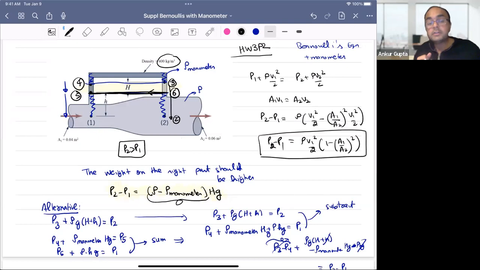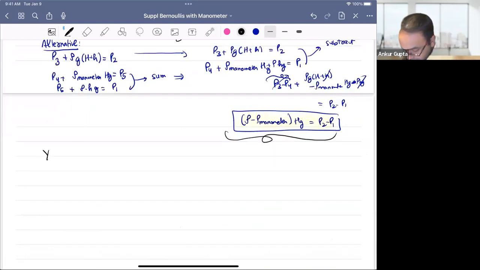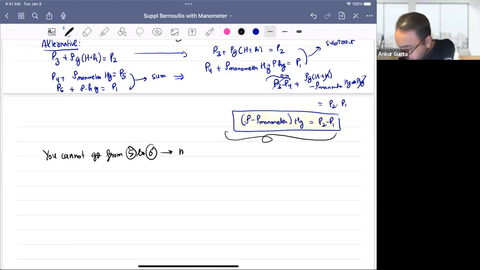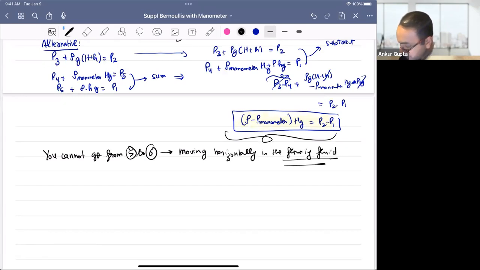And why is that? That happens because when you're going from P5 to P6, you're moving horizontally in the flowing fluid. So you cannot go from 5 to 6, because you're moving horizontally in the flowing fluid, and the flow is happening horizontally as well.